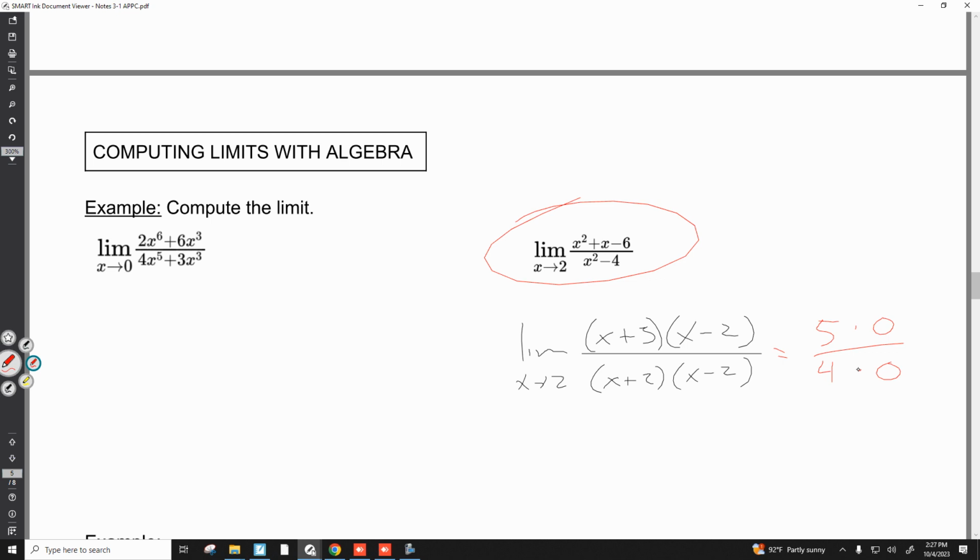These numbers very close to 0, but not 0, can cancel. Turn into 1. 0.001 divided by 0.001 is 1. So those turn into 1s. Boom. We just found your limit is 5/4, or more importantly, that function has a hole. The hole is located at 2, 5/4. Let's just write it that way, too.